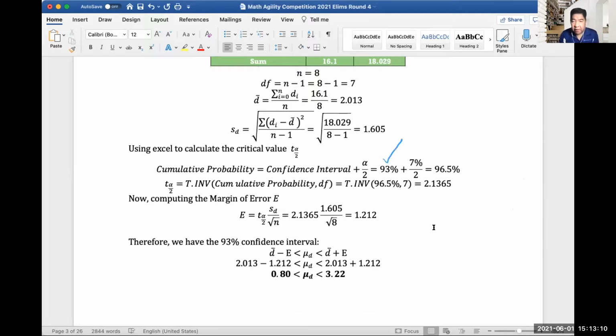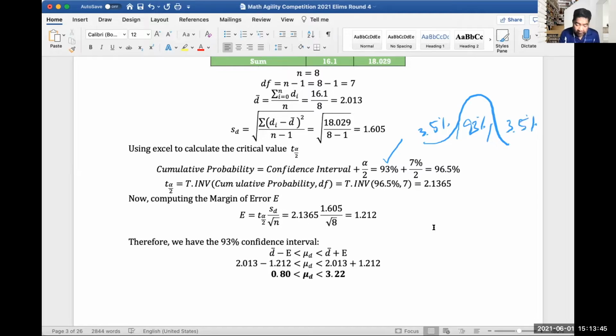And of course, if we draw this, our 93% is in the middle, and on each end of our standard normal curve would be 3.5% and 3.5%, right? Because this should be a total of 100%.